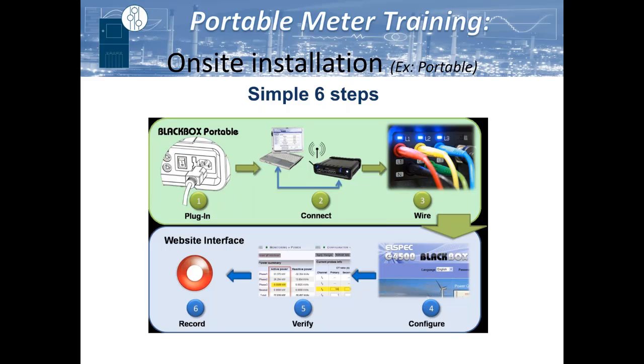You connect to it via Wi-Fi or Ethernet, however you wish to connect. You hook the voltage and the current probes up onto the system you're measuring, and then you go to the website interface and log in to begin setting up your parameters, and then you start recording. Next screen, please.